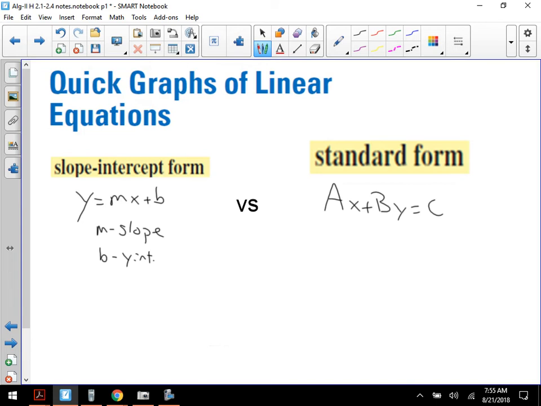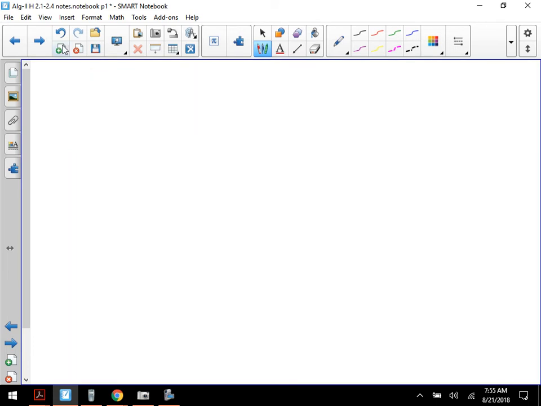A literal equation is when you take any equation, and let's say I want to solve for t. I've got 3 variables there, I want to get t by itself. You divide by r. So what you did is you solved the equation for t.